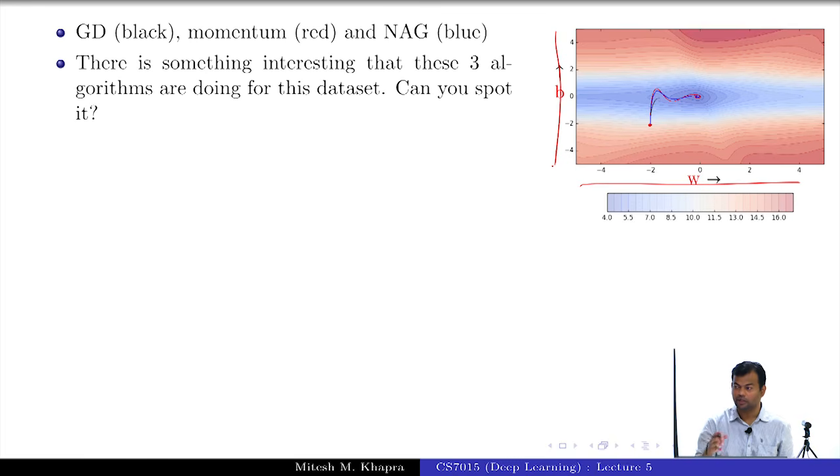Where are you moving? You are moving along the b direction. Are you making any movements along the w direction? No. Why? W was sparse, its gradients are mostly 0. It was not being able to make any updates in the w direction. All it was able to do was make updates in the b direction. It did as much as it could do. After reaching here, it realizes that there is no point in going along b further, right? It actually took a U-turn because it realized that it can't really go ahead.